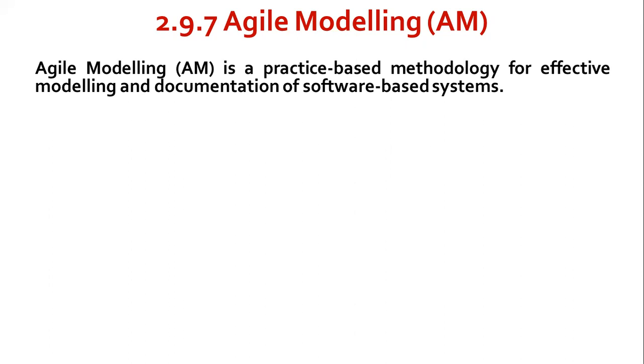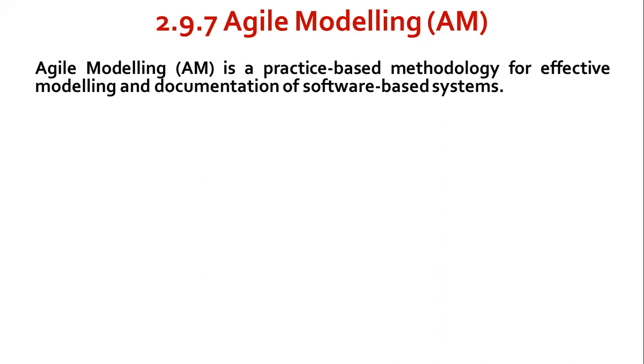So here, agile models are more effective than traditional models because they are just barely good and they don't have to be perfect. Agile Modeling adopts all the values that are consistent with the agile manifesto.